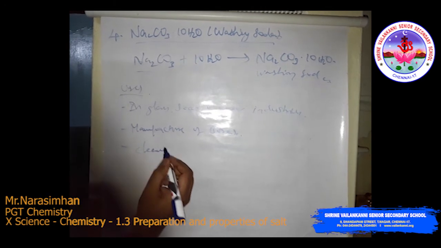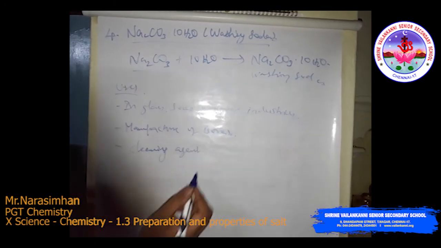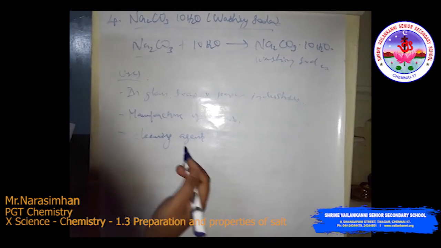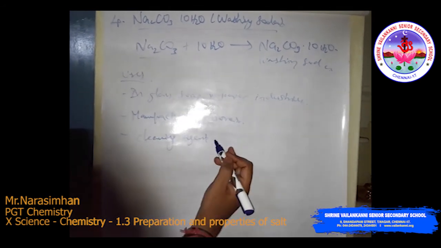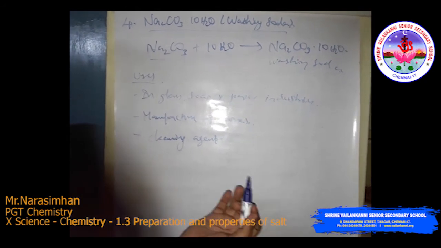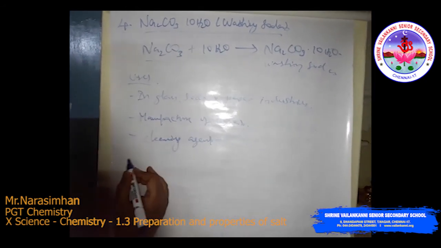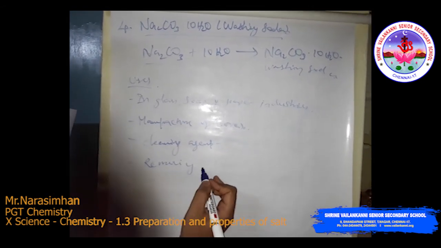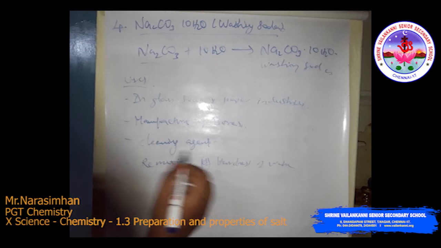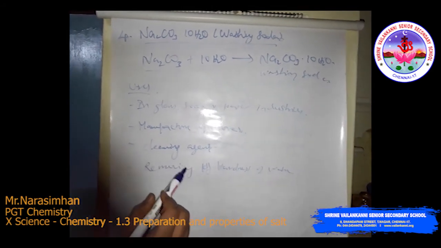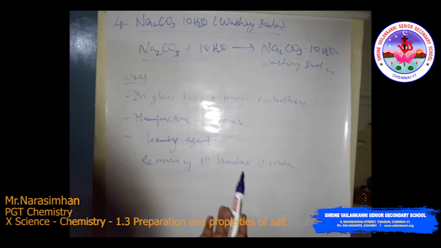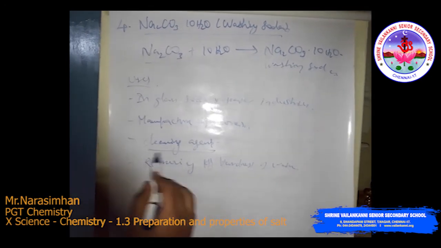Then it is used as a cleaning agent, for example as a floor cleaning agent, and a surface softening agent, for removing hardness of water. For example, on a cement floor or cement wall, before the painting process, we use this cleaning agent, a surface softening agent.